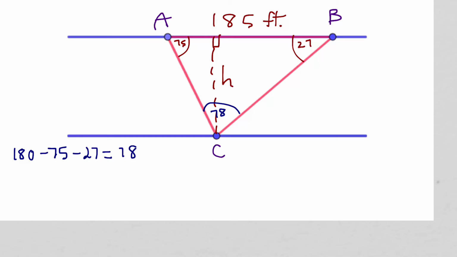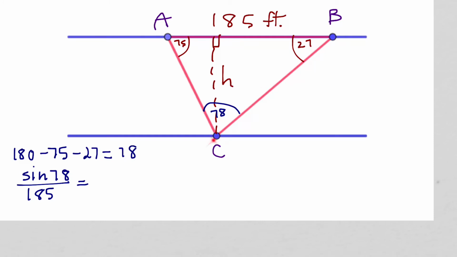I have enough information to set up a law of sines problem, so I can start by saying sine of 78 over 185, because I have this side opposite this angle for this oblique triangle. To find h, I can use right triangle trig on this right triangle here if I knew this hypotenuse, or I could use this one here as well.